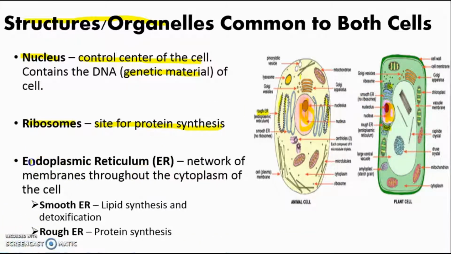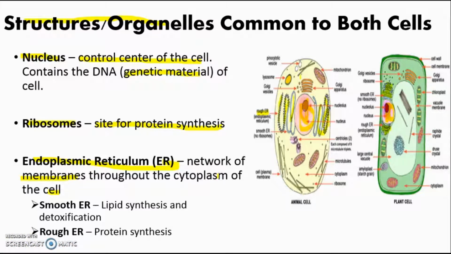Next is the endoplasmic reticulum. The endoplasmic reticulum is a network of membranes throughout the cytoplasm of the cell. As you can see here, in the animal cell, this is the endoplasmic reticulum. It is located near the nucleus. Also in the plant cell, this is the endoplasmic reticulum.